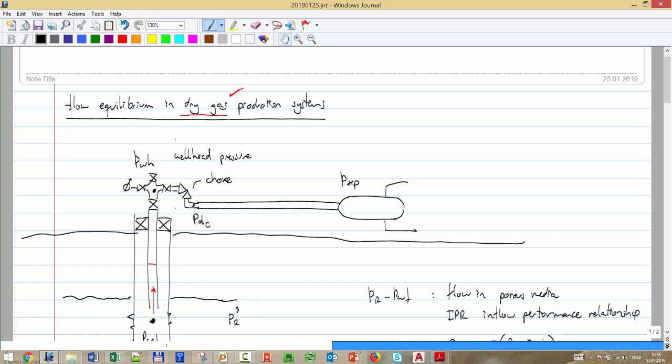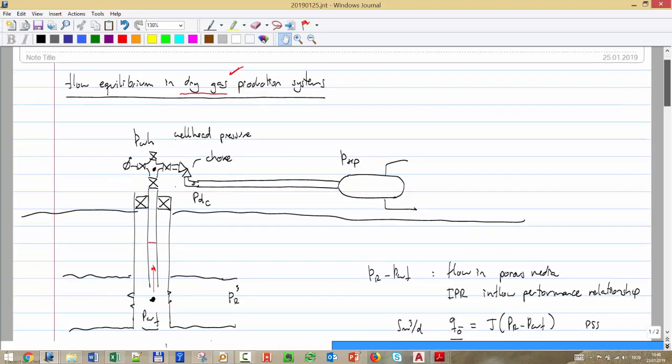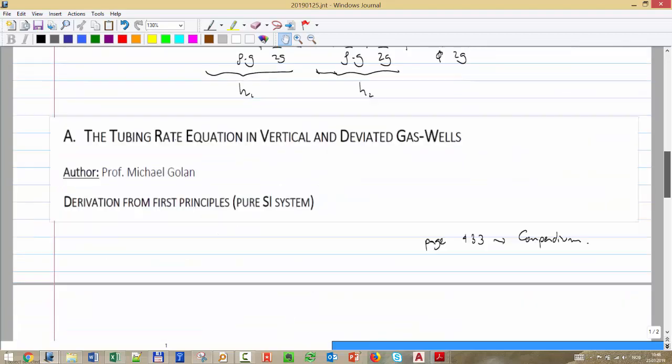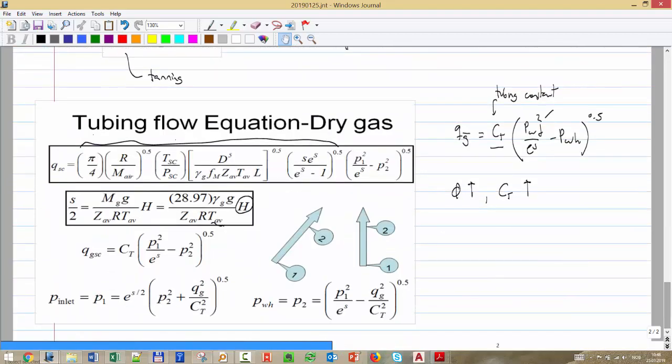So we reach the wellhead, and now we have to go through the choke. So how do we deal with the choke? What do we do to get an equation for the choke?